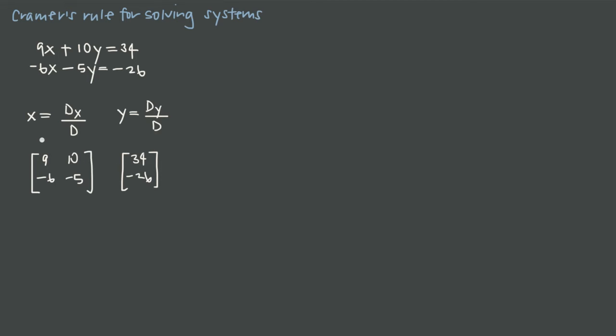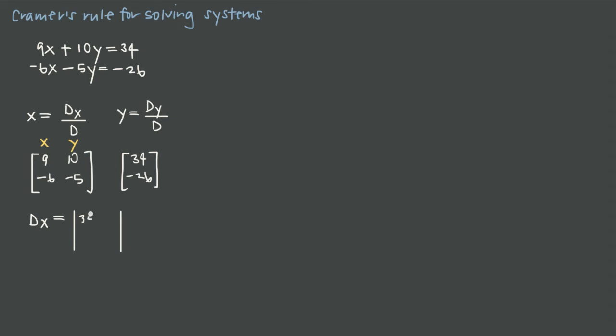Now remember we said here that this column represents the coefficients on x, and this one represents the coefficients on y. So when we want to find the determinant with respect to x here, we take the answer column matrix and we substitute that in for the column that represents x. In other words, the determinant for x is going to be equal to, we would take this determinant, but instead of the x column, we'll use the answer column matrix.